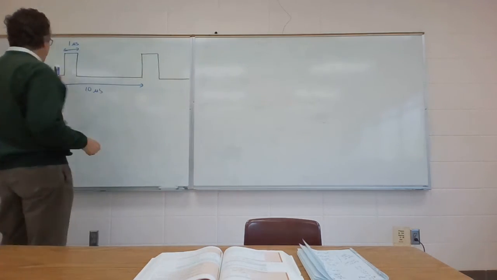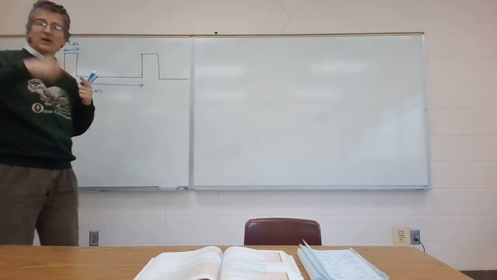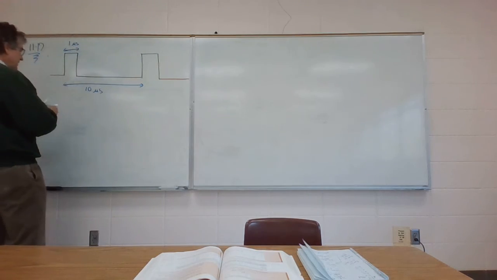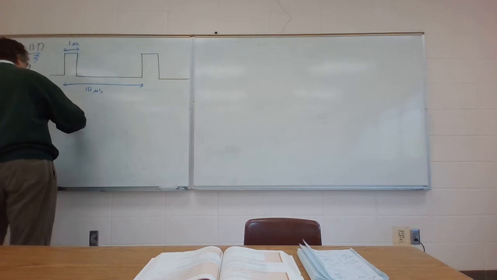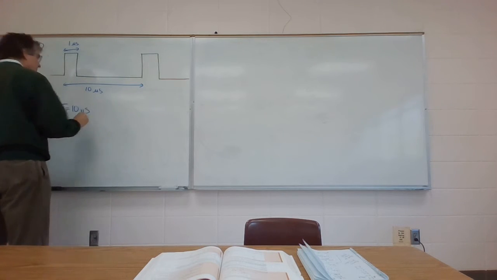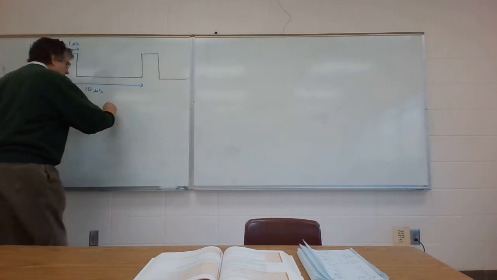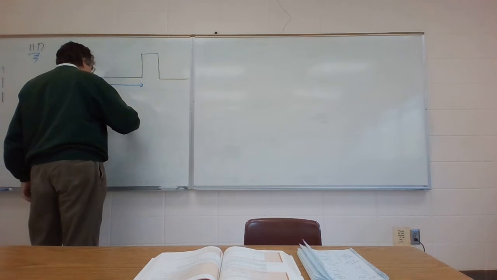The period of any waveform is the time it takes the wave to repeat itself. So in this case, this is very straightforward. The period is 10 microseconds. The frequency is 1 divided by the period.